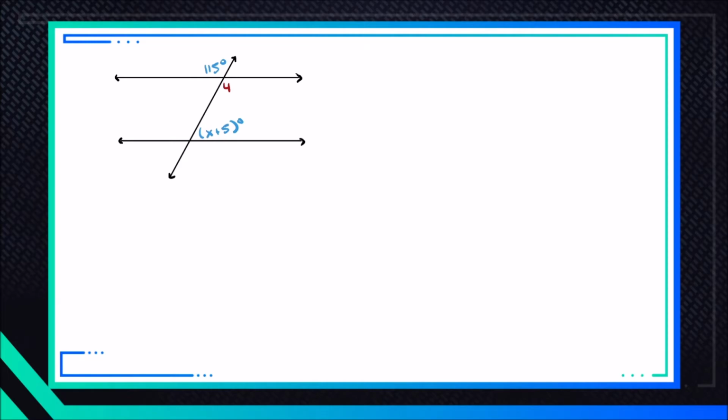And so we know that the measure of angle 4 is going to be equal to 115 degrees. So that's going to be right there. And then we know that these two consecutive interior angles, one's obtuse, one's acute, are going to add up to 180 degrees. So we're going to take the measure of angle 4, add to it our x plus 5, and that's going to be equal to 180 degrees.